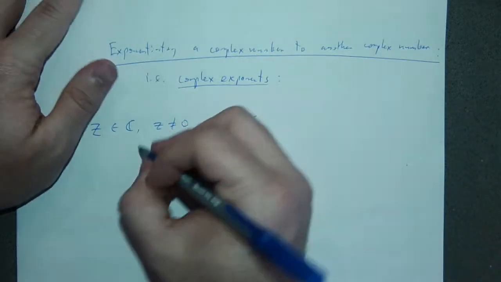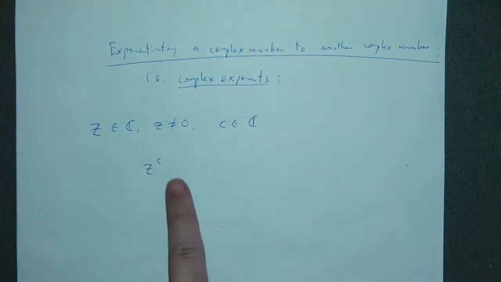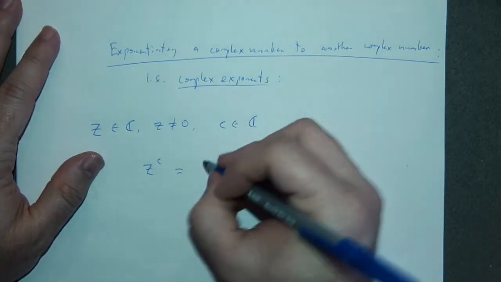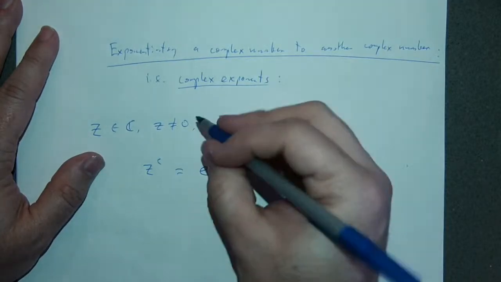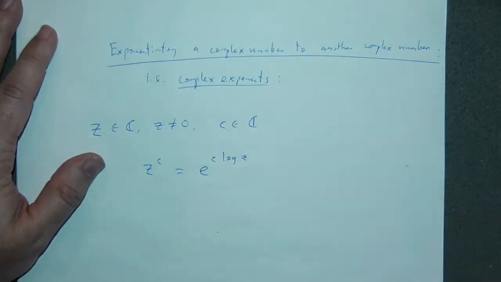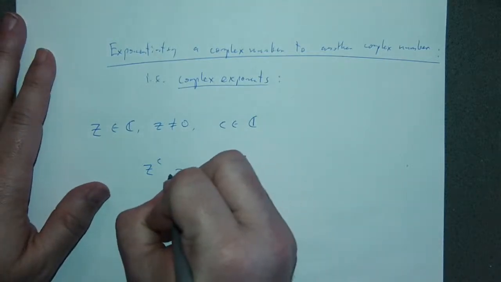Then what do I mean when I say z to the c? What I mean is I want to interpret this as e to the c log z. In fact, this is going to be my definition.